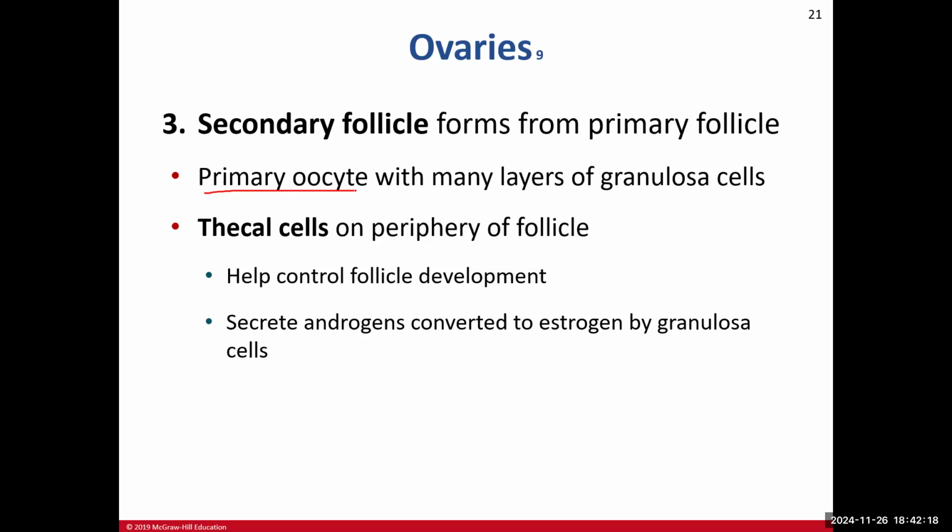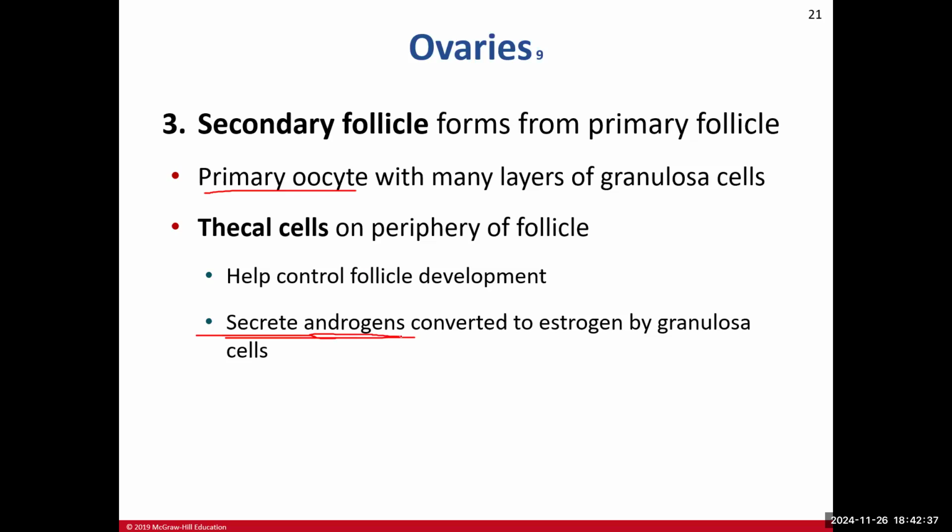But now we're going to see a new layer of cells form, the thecal cells. The thecal cells are going to be very helpful, because we're going to start to see androgens being secreted.